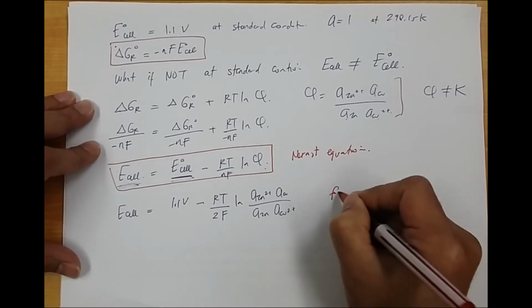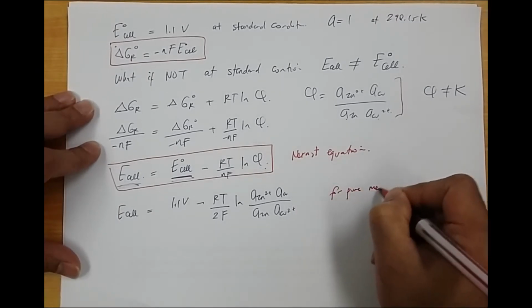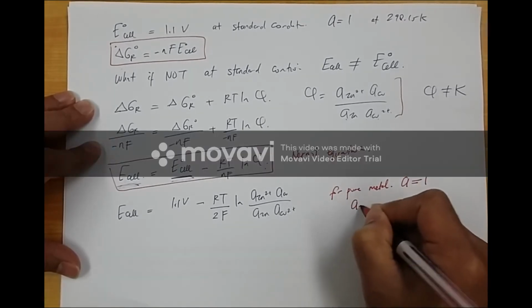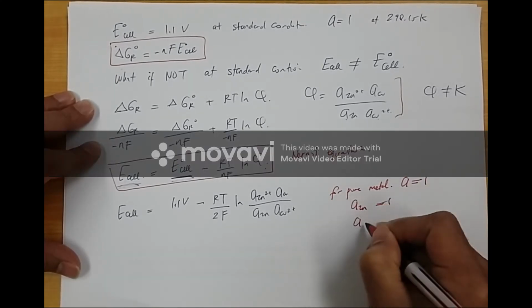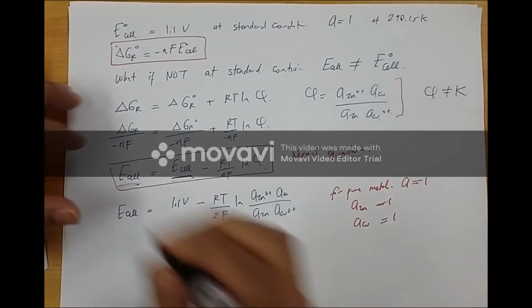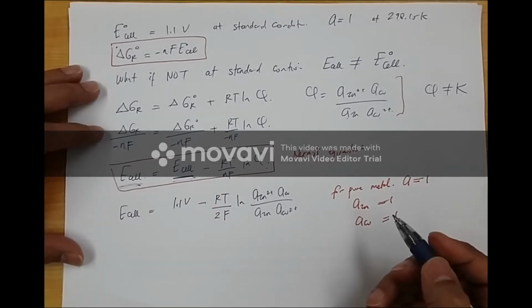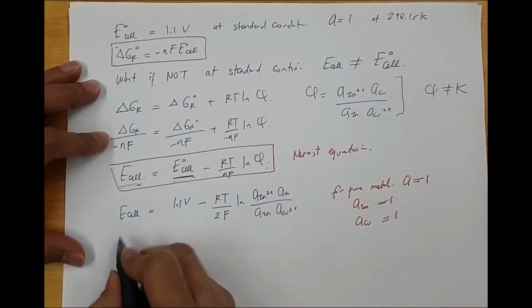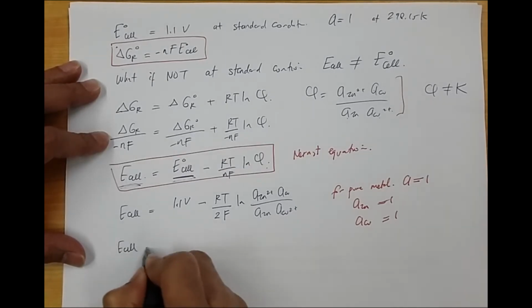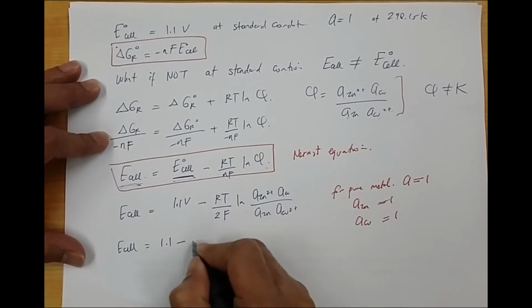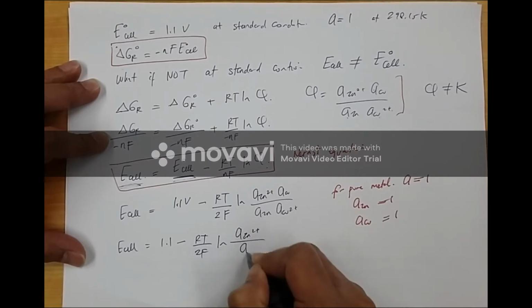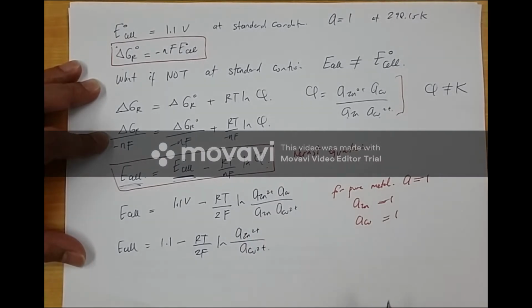Now for a pure metal, the activity is 1. So the activity of solid zinc is 1 and the activity of solid copper is 1. So you end up having only the activities of the ions. So the E cell would be 1.1 minus RT over 2F ln of the activity of zinc 2 plus over the activity of copper 2 plus.